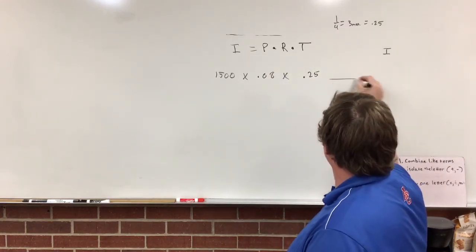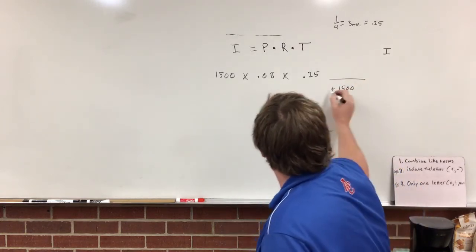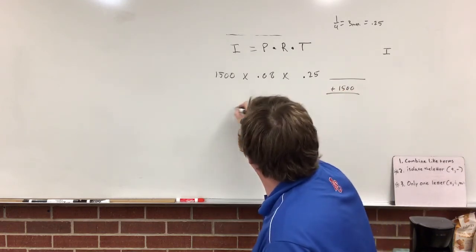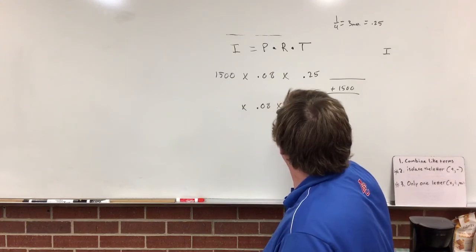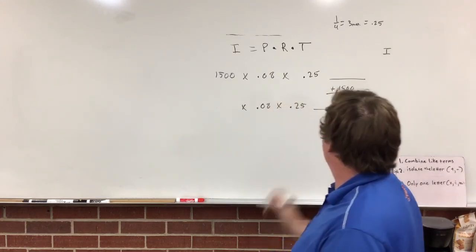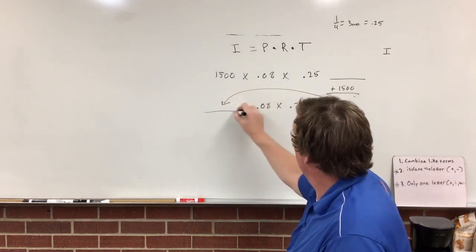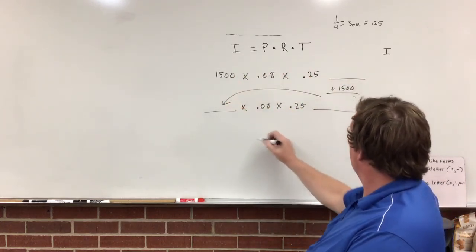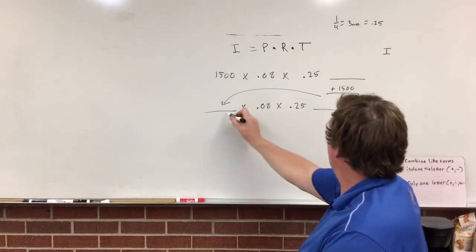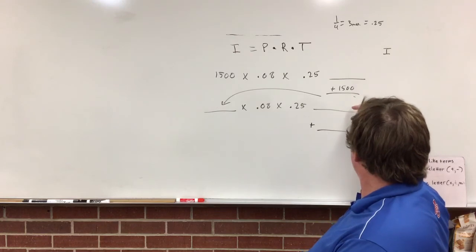Okay, so if we're going to go for 6 months, we're going to do this round twice. So you do this, add 1,500 to it, then that answer becomes the new principal, and then you multiply it by 0.08 and by 0.25 again. Once you figure this answer, you take it and add it to the previous answer.